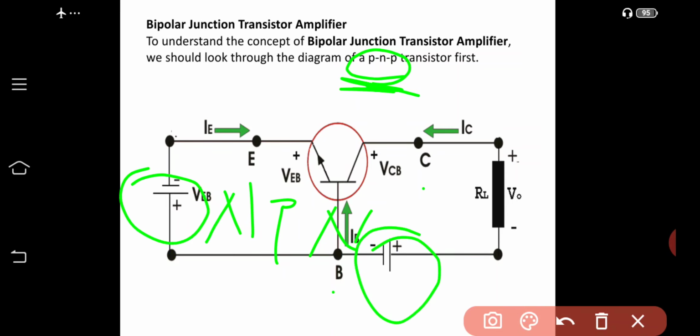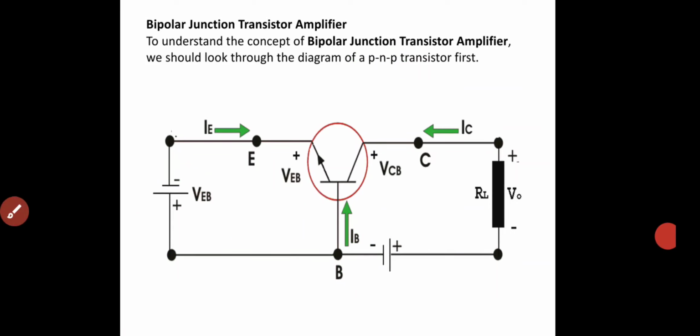In a PNP transistor, P is connected with positive and N is connected with negative, then it is called forward bias for the PNP transistor. But for the NPN transistor, the connections are as described.